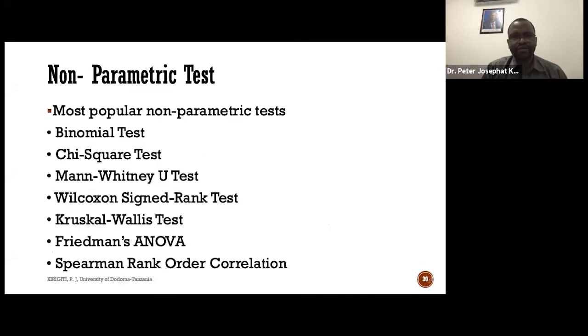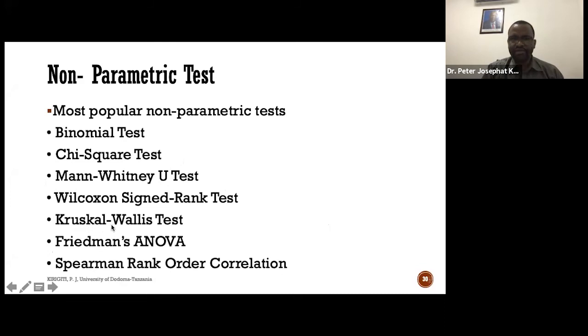Then inferential. Under inferential, we have either non-parametric tests or parametric tests. These are the most popular non-parametric tests. You want to adapt the chi-square test. What is the nature of the variables? You want to adapt the Mann-Whitney test.